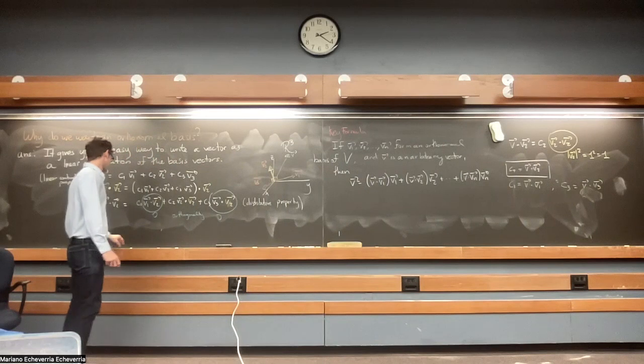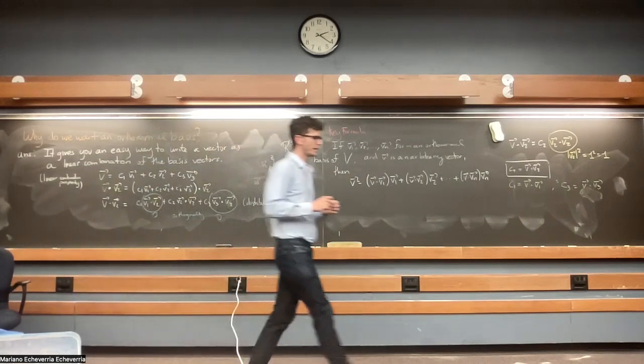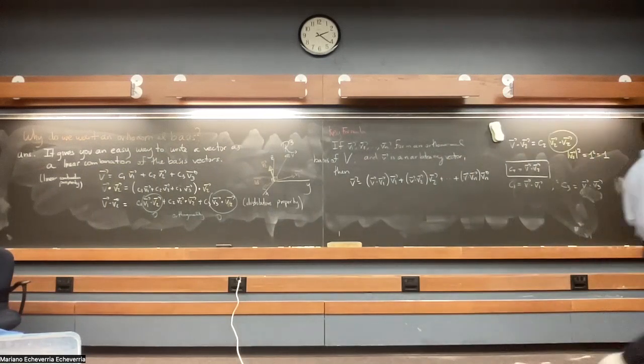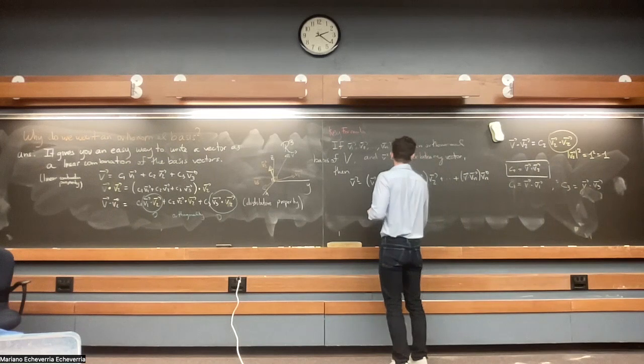This is the way to express a vector as a linear combination of the basis vectors.